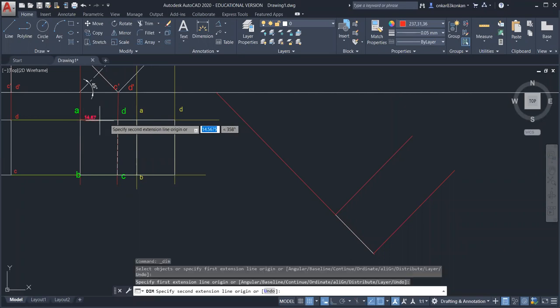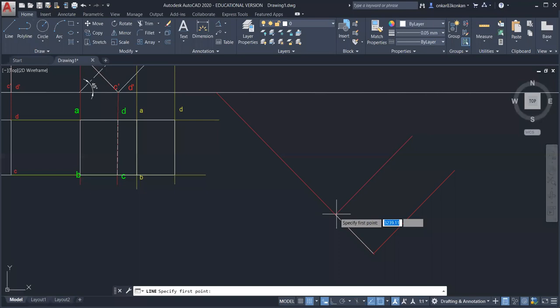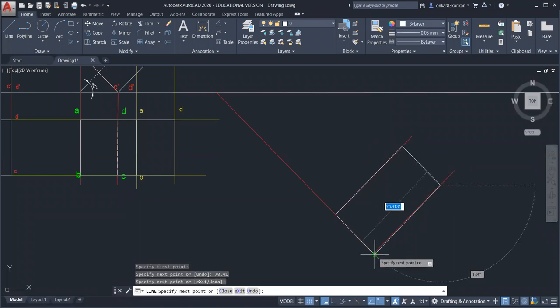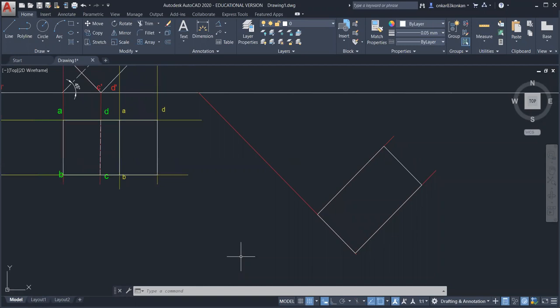You can use a compass directly. So this is 70.41. Okay, so we have located A point, B point, C and D point. Similarly, take the distance for DC, that is the hidden edge, and this AB.